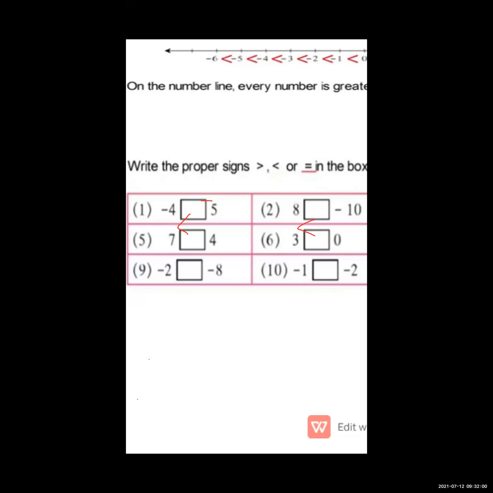How, beta? Because teacher, it is in minus sign and both are minus, na. Yes.